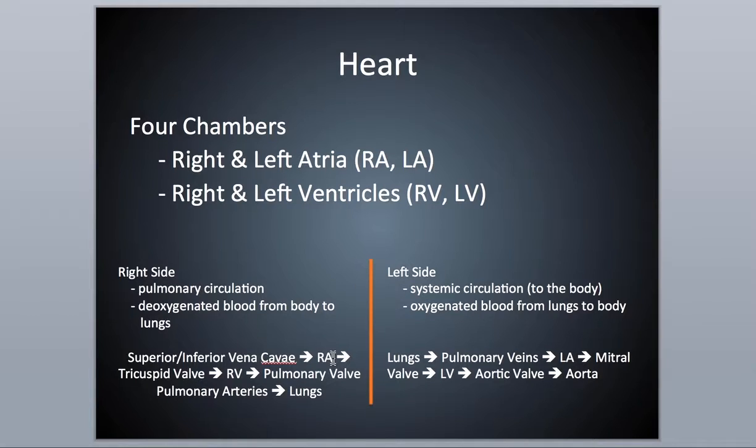At this point, it's deoxygenated, meaning that there is a low content of oxygen within there, and there's also a lot of carbon dioxide. That blood needs to be pumped to the lungs so that it can drop off carbon dioxide and we can exhale it. Meanwhile, at the same time, we've inhaled some oxygen, so we're going to replace that carbon dioxide with oxygen then.